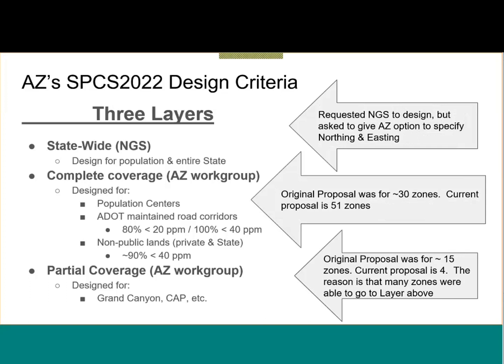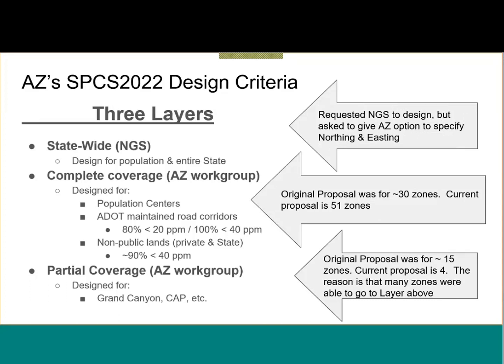And before you get too much sticker shock on having a whole lot of zones, bear in mind that the intent of this project is to eliminate every time a surveyor goes out to do a project, they create their own modified zone, which virtually gives you an infinite number of zones, or many, many hundreds or even thousands. So having a number like 50 is actually really good, just to put it into perspective.